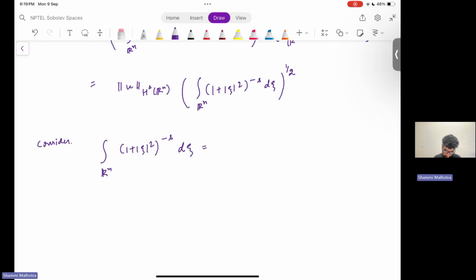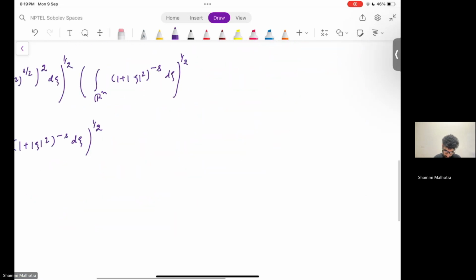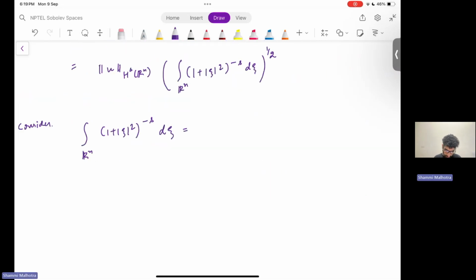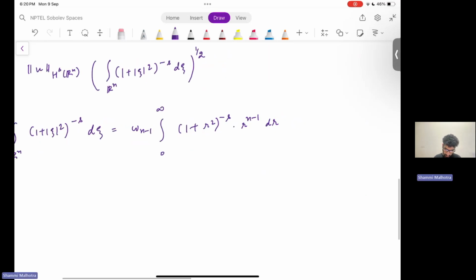This, by polar coordinates, can be written as omega_(n-1) times the integral from 0 to infinity of (1 + r^2)^(-s) r^(n-1) dr, and this is the polar coordinates.